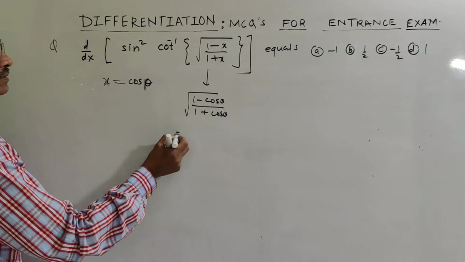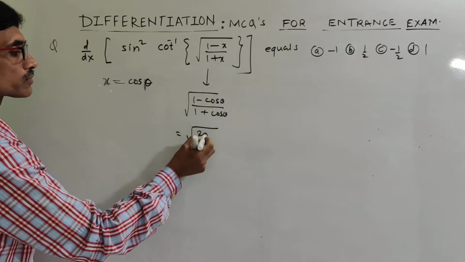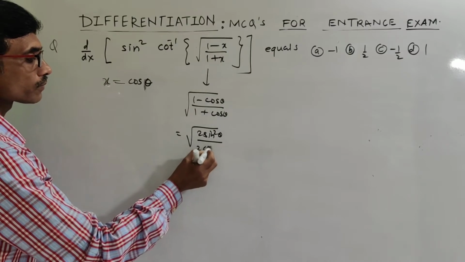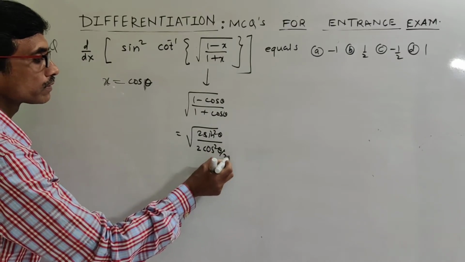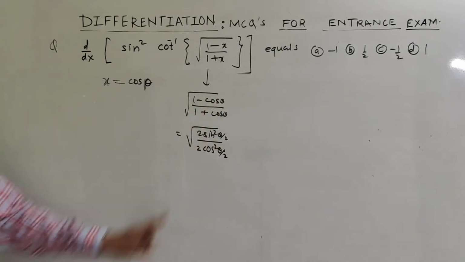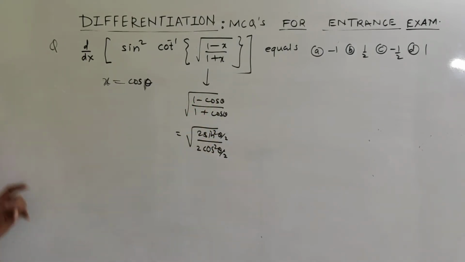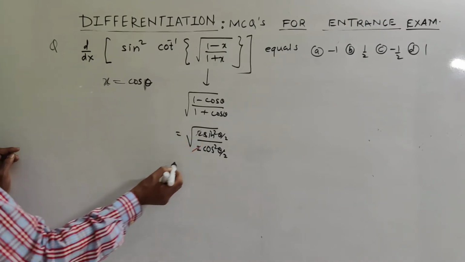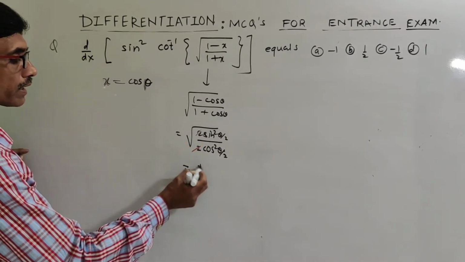Now that gives root of 2 sine square theta by 2 upon 2 cos square theta by 2. 1 minus cos theta, 1 plus cos theta, 2 sine square theta by 2, 2 cos square theta by 2. Which is, 2 is getting cancelled, and it will be tan of theta by 2.